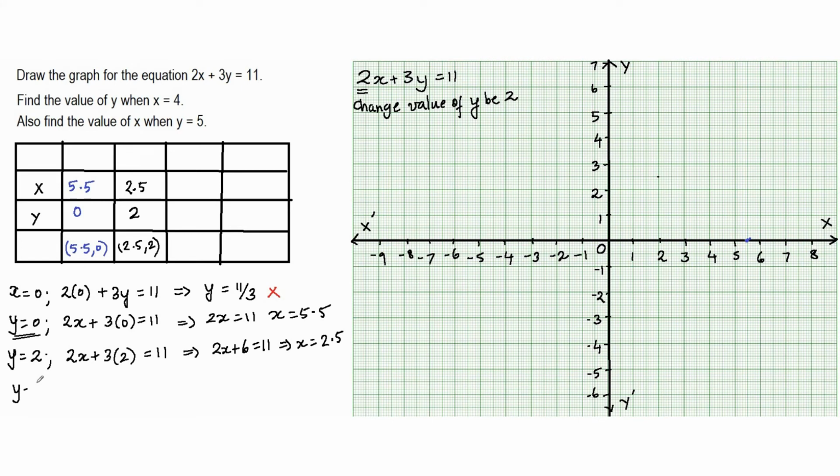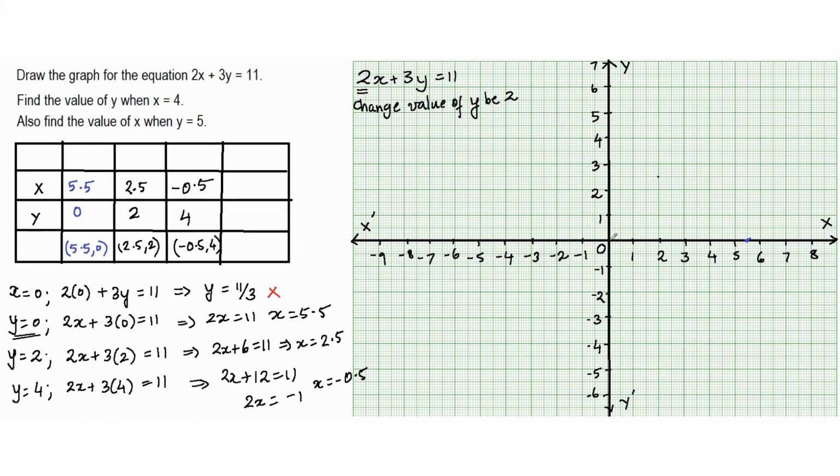Now again let us take y equals 4 and let's find what happens to x. So 2x plus 3 times 4 is equal to 11, which means 2x plus 12 is 11, which means 2x is 11 minus 12, that is minus 1, and therefore x is minus 0.5. So when y is equal to 4, x is minus 0.5, and hence the coordinate is minus 0.5, 4.